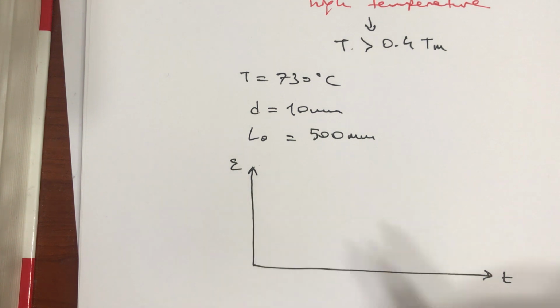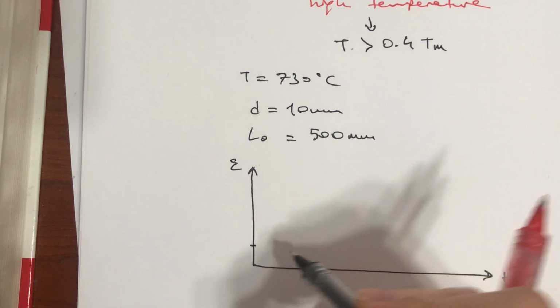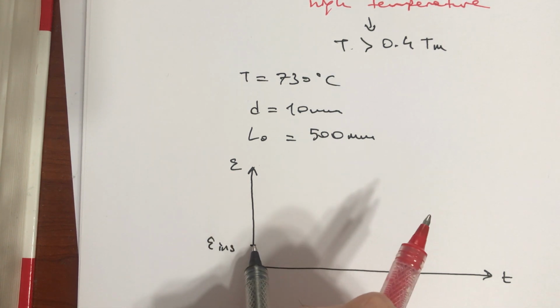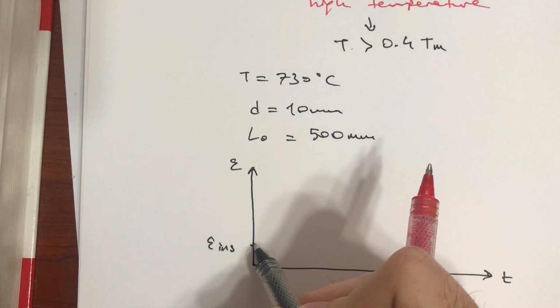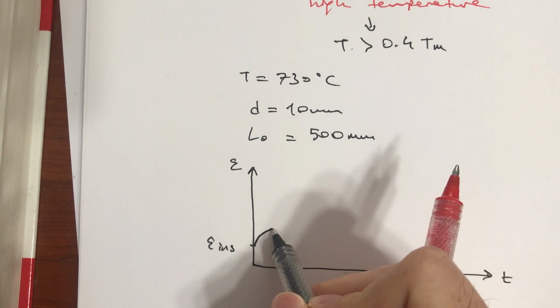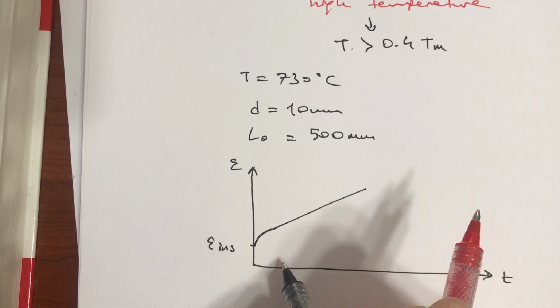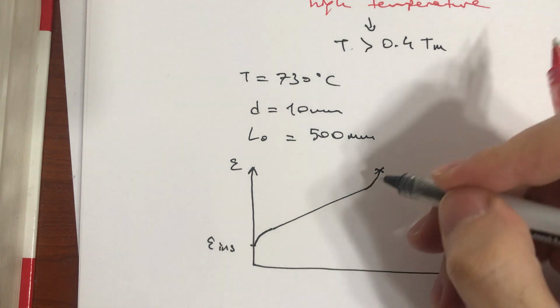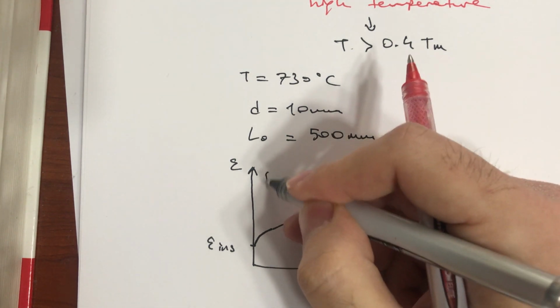The strain is not constant in time anymore. So this is instantaneous strain. Then we have a primary stage in creep. Then there is a linear steady state stage, and finally a tertiary stage here.